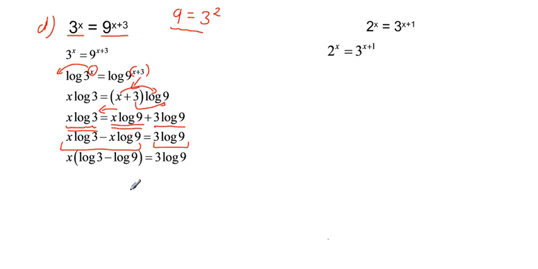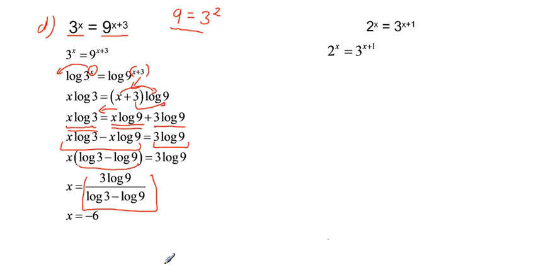This is why you see x outside of brackets and inside the difference. The right-hand side you keep, you don't touch this. Solve this for x simply by dividing both sides by log 3 minus log 9. Finding the result of this quotient will give you x, and the x value is -6.